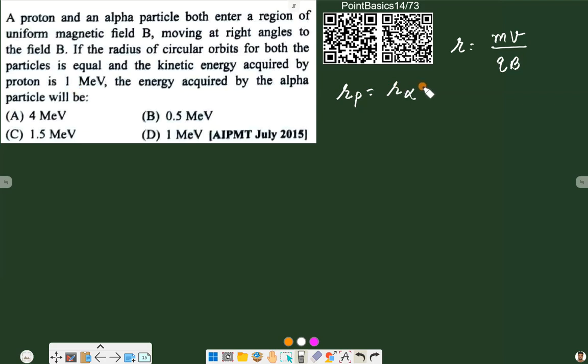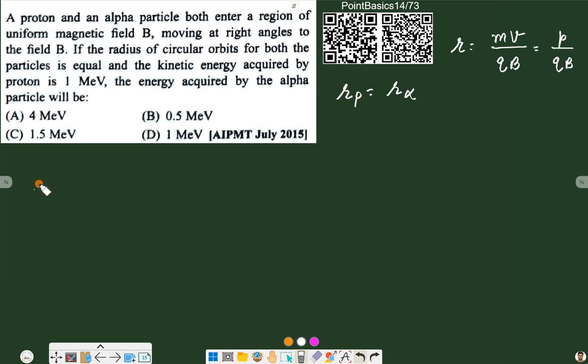So what we will do here, first we will transform this formula into the form of kinetic energy. And how will we do that? As we know that mv is momentum, we can write it as p by qB.